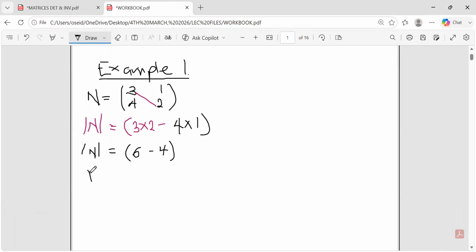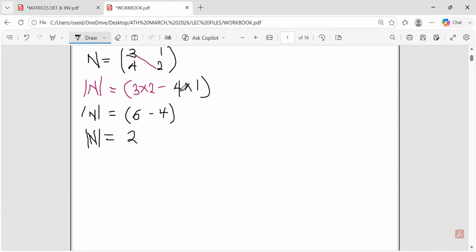So therefore the determinant of N equals 2. Good. With our first example, the determinant of N equals 2.